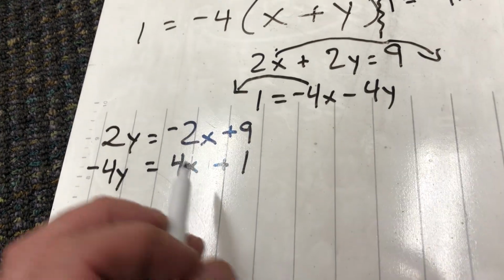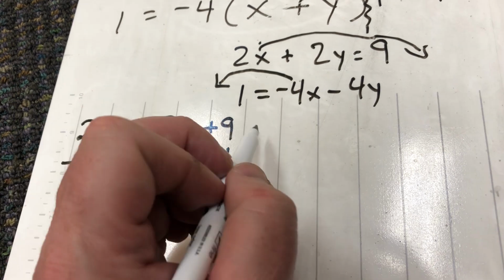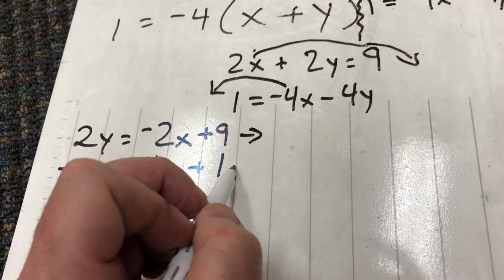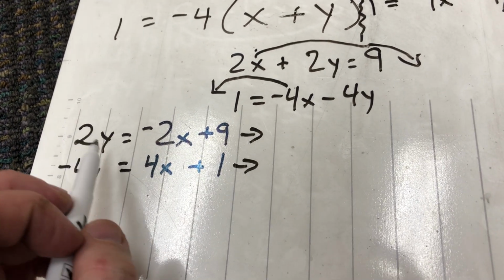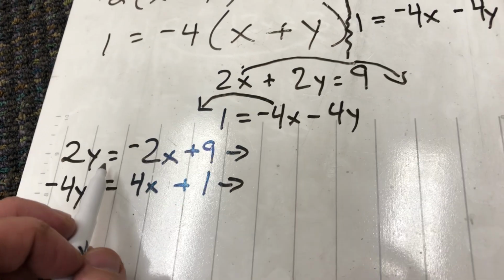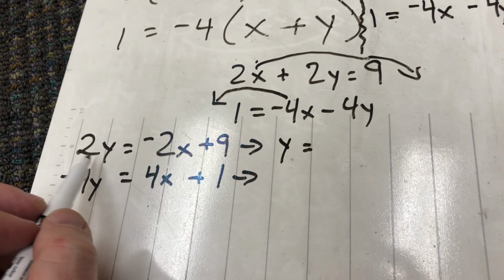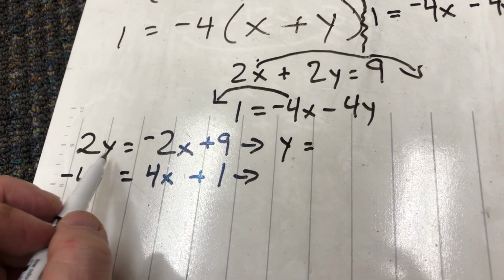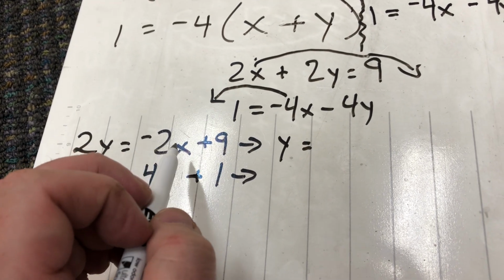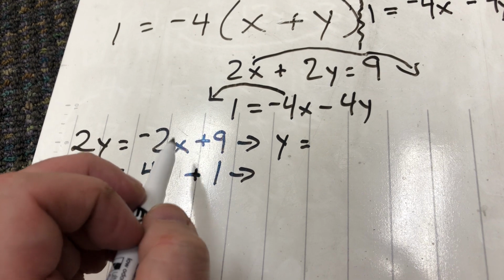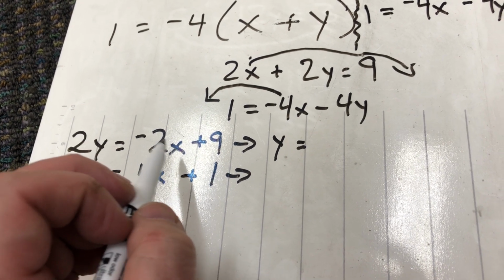All right, so in this first one, I have to divide everything by 2 because I want to get y by itself. So 2y divided by 2 is y. Negative 2 divided by 2 is negative 1, or just negative x.